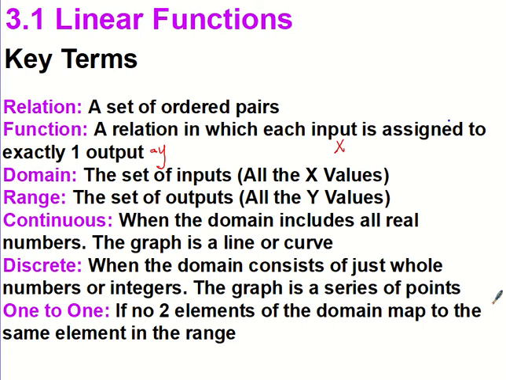Now, discrete is when a domain consists of just whole numbers or just integers or both, and this graph is going to be a series of points. The reason we have discrete functions is because sometimes halves and quarters and things like that don't work, and only whole numbers work.